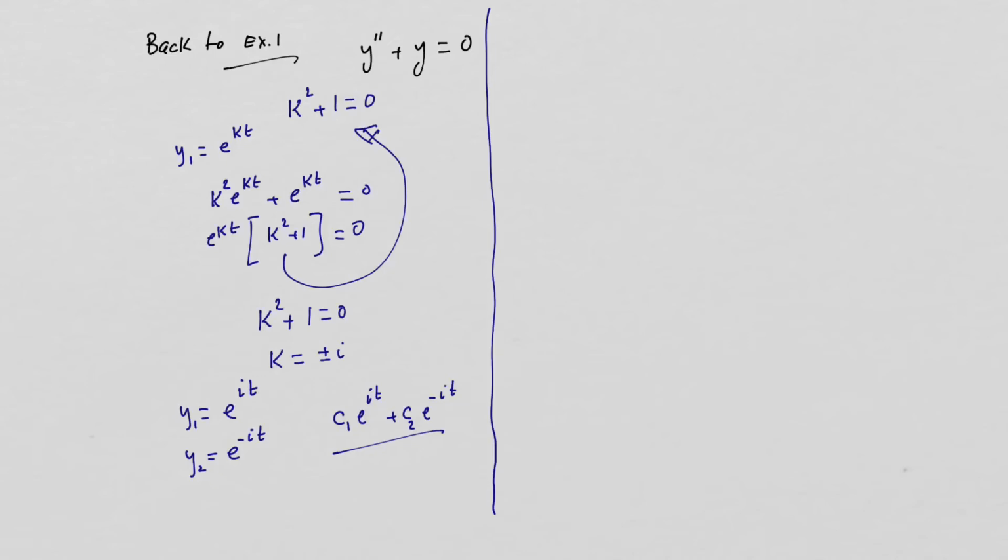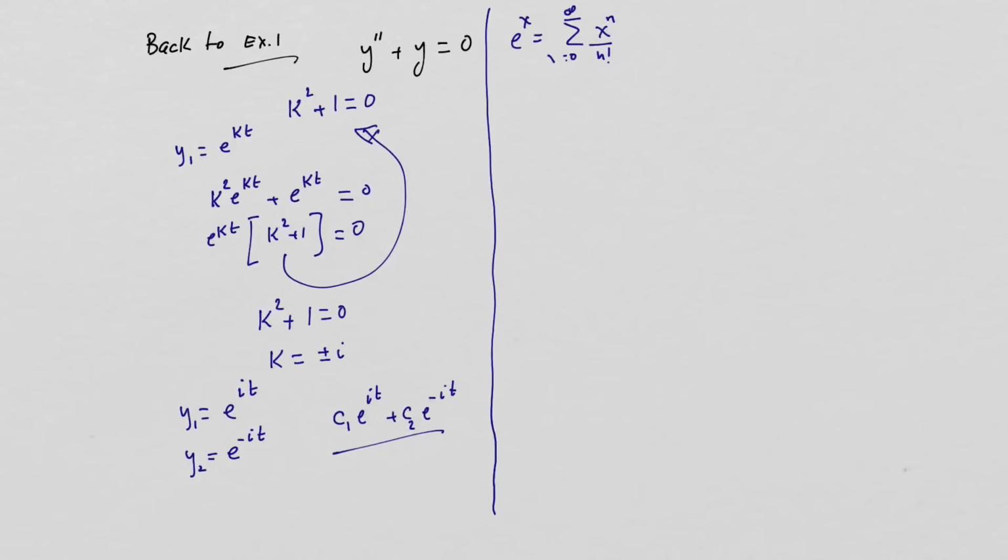You may remember from Taylor expansion that e to the x, I'll write e to the x so I don't confuse anyone, is the sum of x to the n over n factorial, n goes from 0 to infinity. I hope you remember that from Taylor expansion.